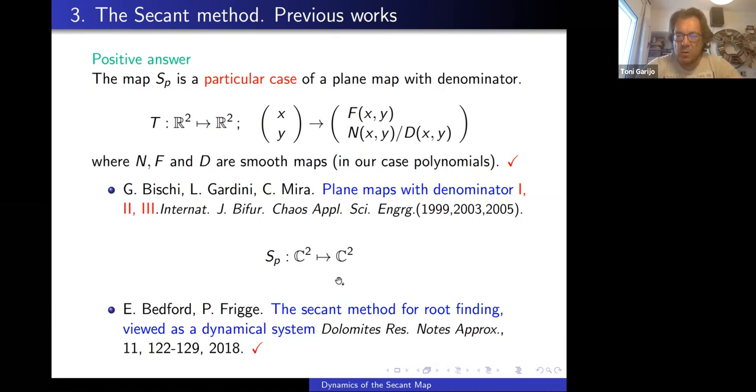We can quote all the results that we use from this paper of Bedford and Fritz. In our case, since we are working on R2, we use more the reference about planar maps with denominator.